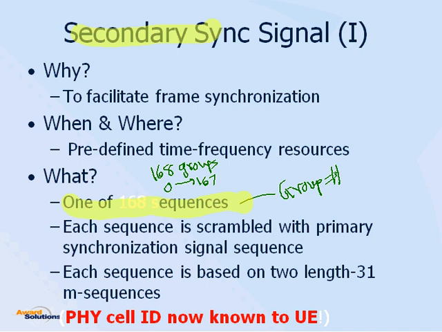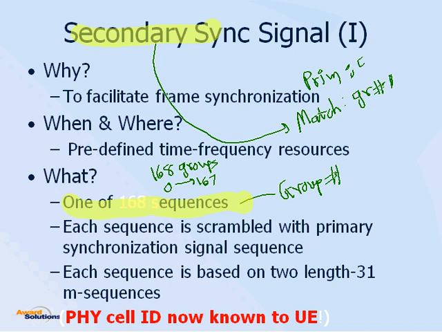So secondary synchronization signal is sending out a sequence. The UE is trying to match with 168 options. So let's say that we found a match with group number, let's say 1. And from the primary signal, so this is secondary, we found match with cell number 2.